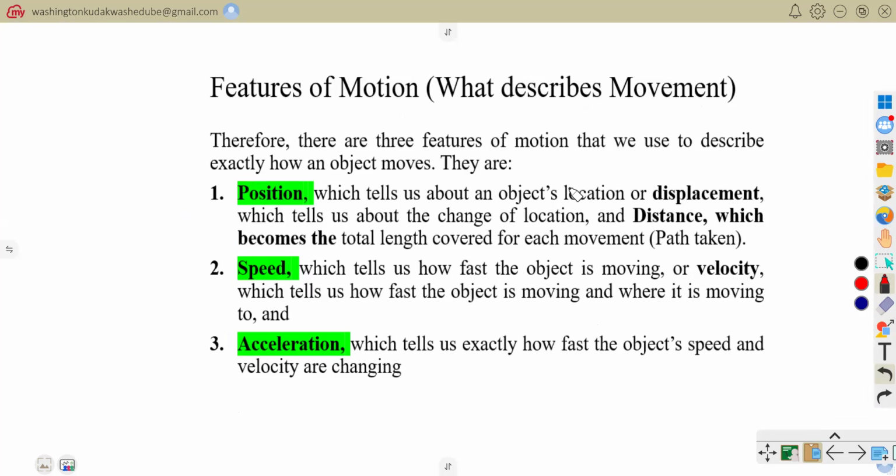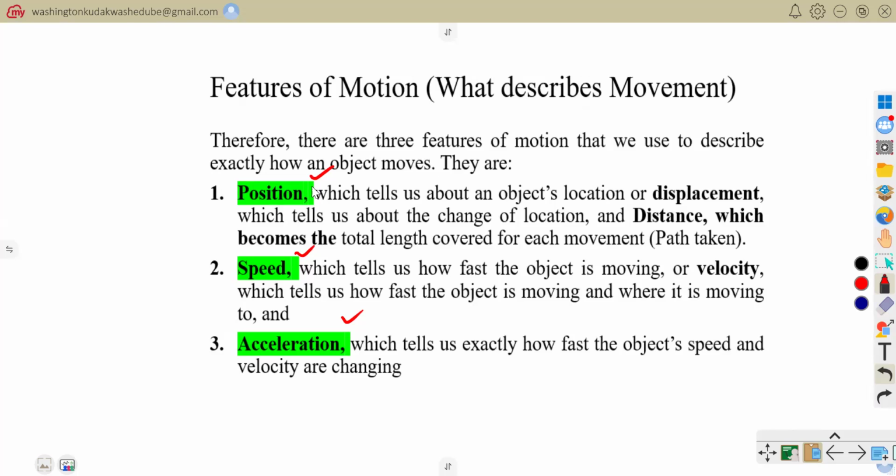These features fall under three classifications: position, speed, and acceleration. What do we mean by that? Position simply refers to the object's location. Where is our object located? That's our reference point.